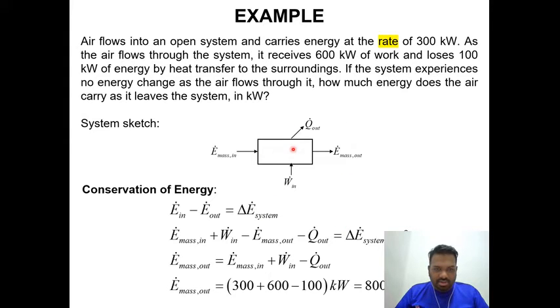Mass in plus work in: whatever arrow is going in is plus, going out is minus. So here minus, here also minus, equals the change in the rate of the system. It says no energy change, so the change equals 0.